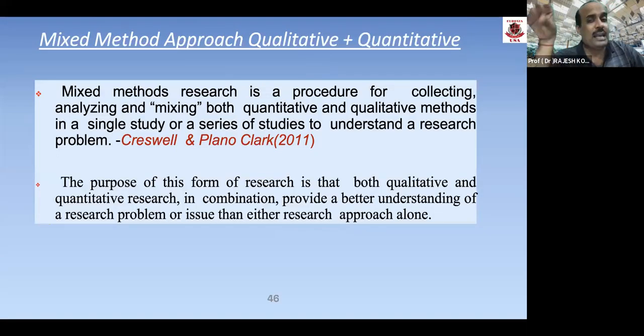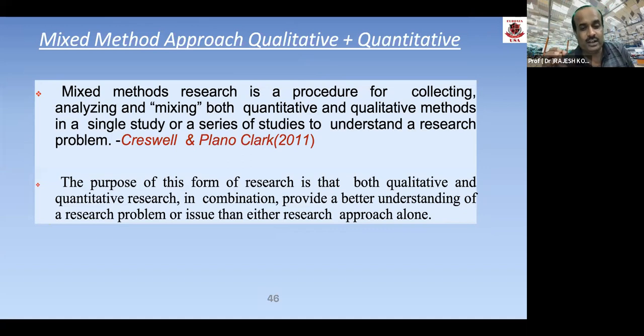Sometimes, if you want to do both, you cannot assess it fully qualitatively or quantitatively. If you selected data for one thing, you can use both. It is called mixed methods. Mixed methods research is a procedure for collecting, analyzing, and mixing both quantitative and qualitative methods in a single study to understand a research problem.